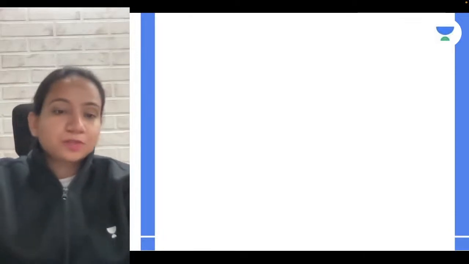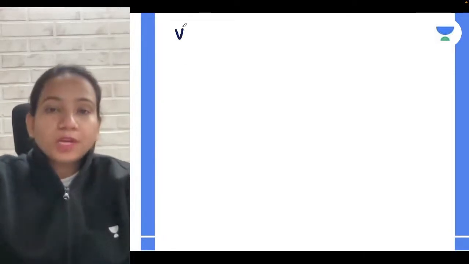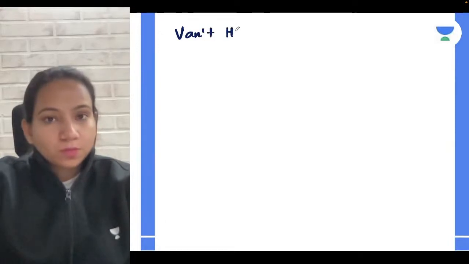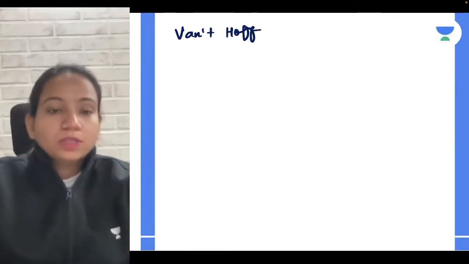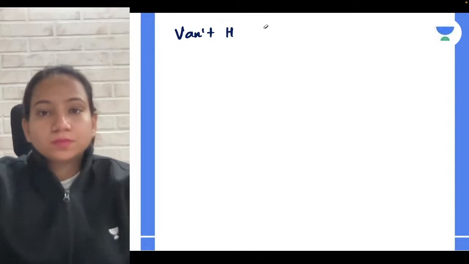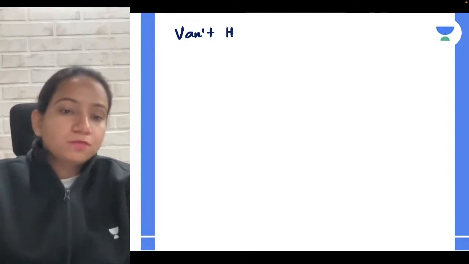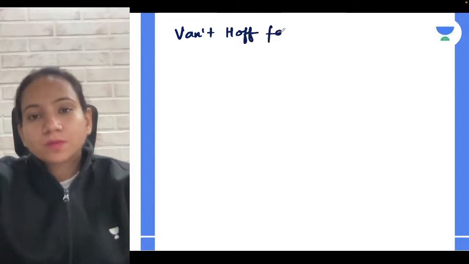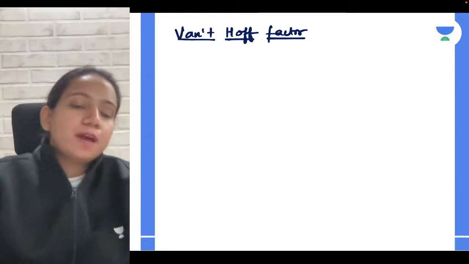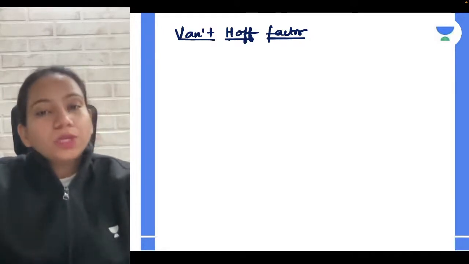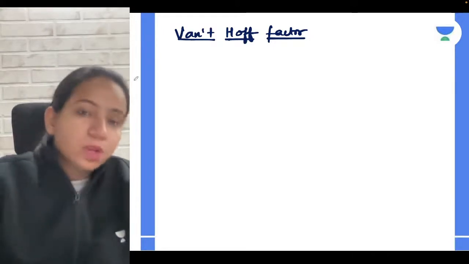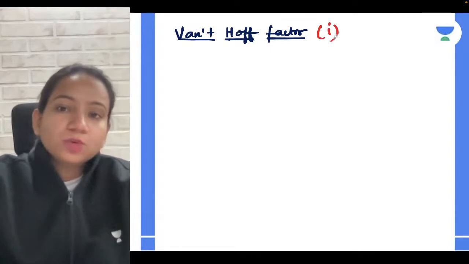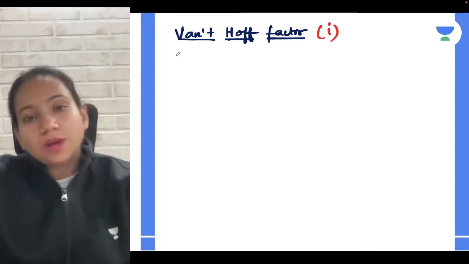Okay, so what is Van't Hoff factor? Because we were getting abnormal molar mass, we need to get the normal one, the exact one. How can we get it? With the help of this term. This Van't Hoff factor is denoted by i, and how can we define it?